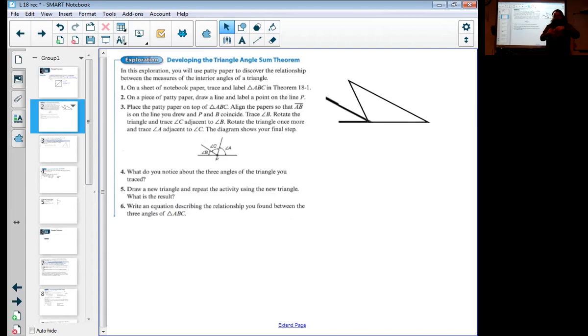When you put all 3 angles of your triangle together, it will make a straight line. This paper is kind of curly, I guess it's too humid in here, but you can put the angles together and you can see that it makes 180. It makes a straight line.